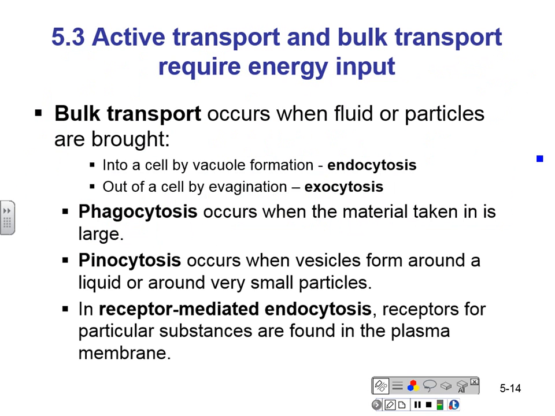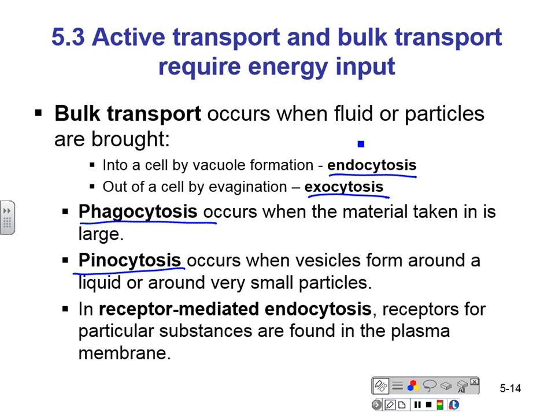There's another type called bulk transport. So if something is really large, we can't squeeze it through the plasma membrane, we can't diffuse water across a membrane through osmosis to equal out the concentrations. It's a really large item, and we either need to get it in the cell or we need to get it out of the cell. So some of the words you should be familiar with, go back and look at endocytosis, exocytosis, phagocytosis, pinocytosis.